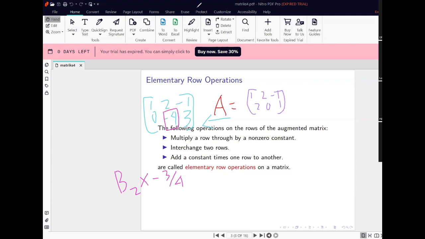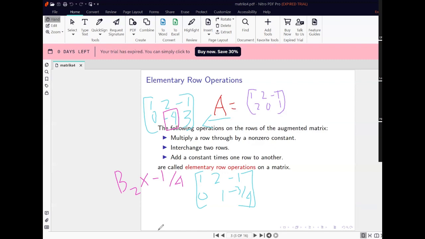So the result becomes: the first row is not changed, 0, 1, minus a quarter. It becomes 1, and next becomes minus 3 over 4.